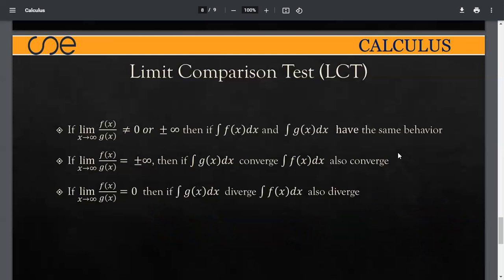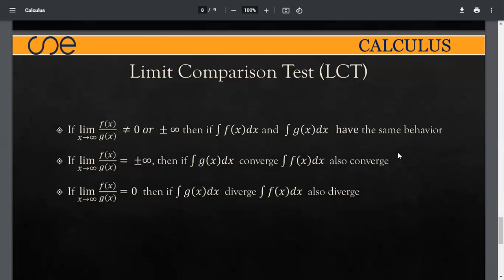So if the limit of f of x over g of x is equal to a constant, then the two integrals f of x and g of x have the same behavior, behave alike. We have exceptions for infinity and 0.